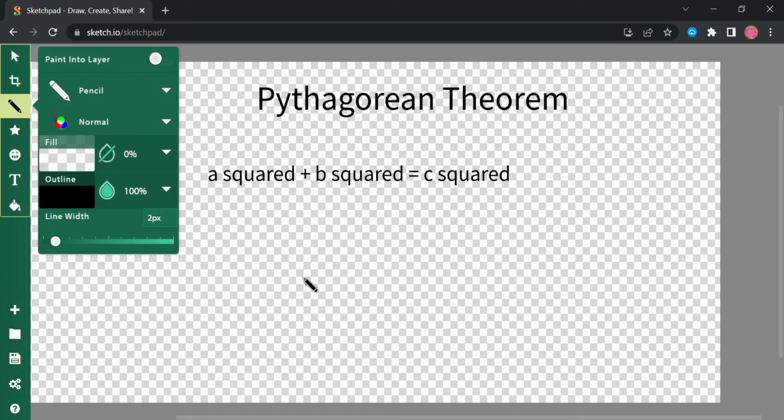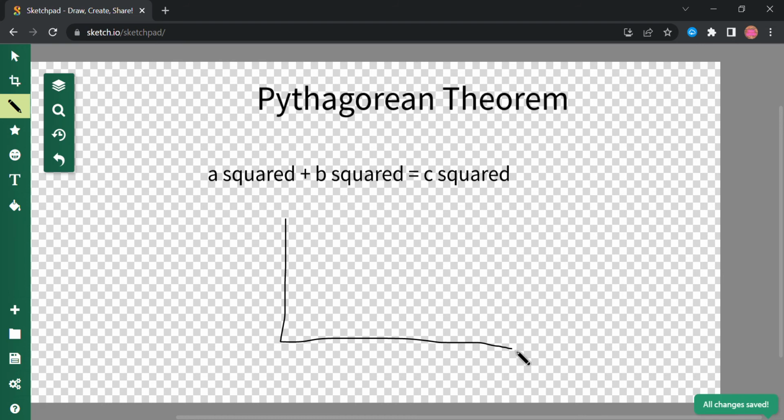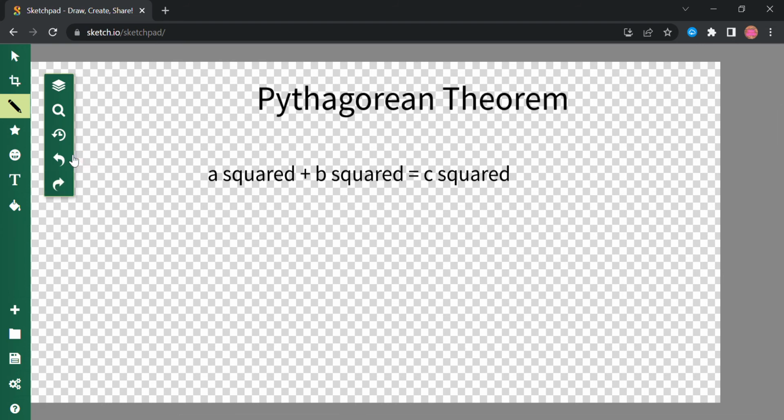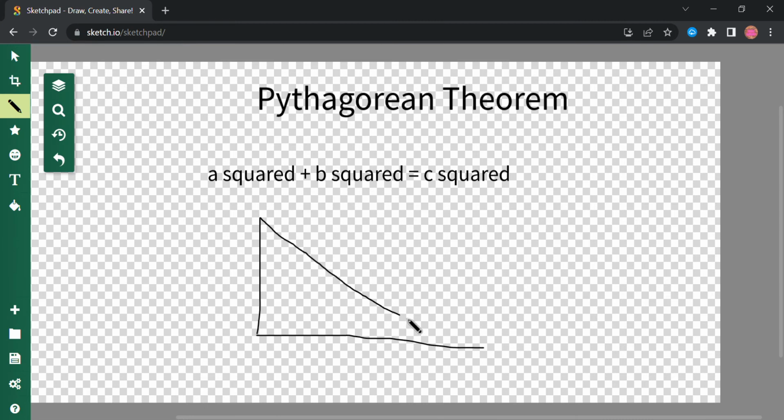Let me write it out for you. What he means is the hypotenuse of a triangle, which is its longest side. This is a horrible triangle, but good enough, I guess. So this would be A. This would be B. This would be C.